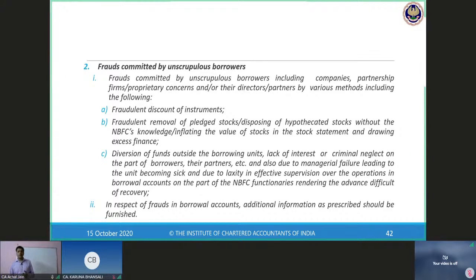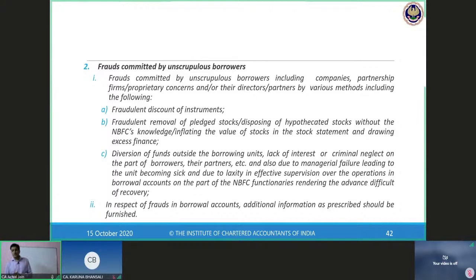Fraudulent discount of instruments. At times certain instruments are discounted with the NBFCs, which may be fraudulent. Fraudulent removal of pledged stocks. Disposing of hypothecated stocks without the knowledge of the NBFC. Inflating the value of stocks in the stock statement and drawing excess finance.